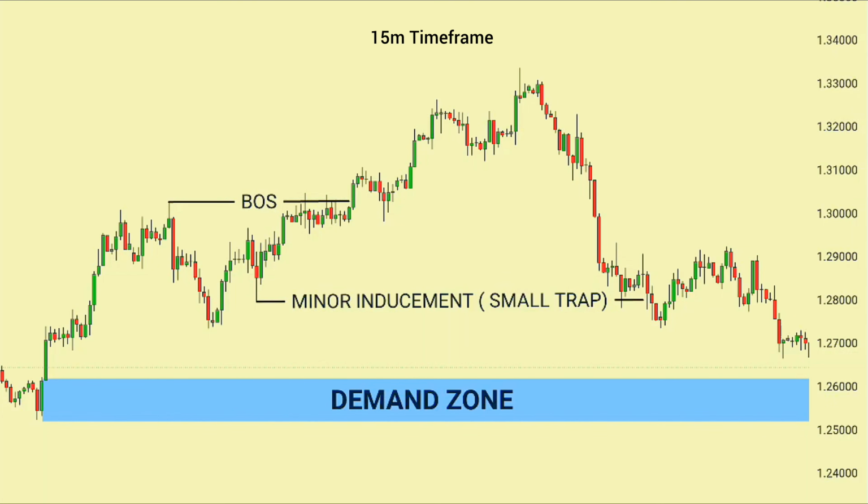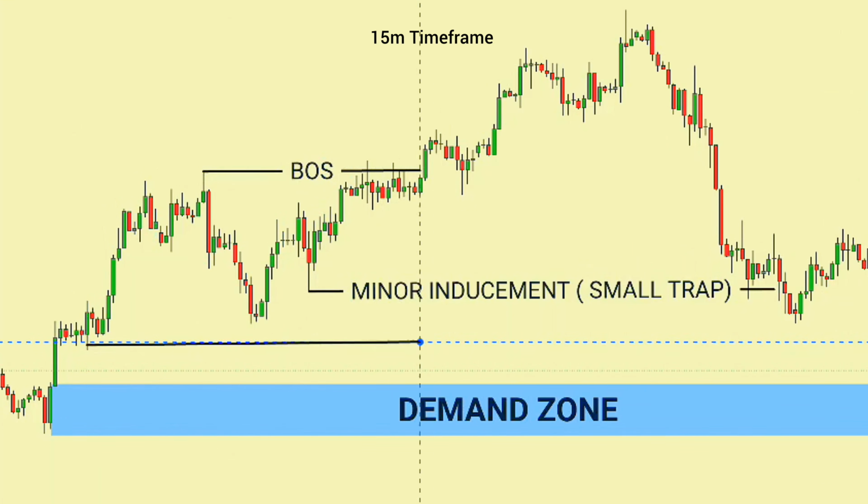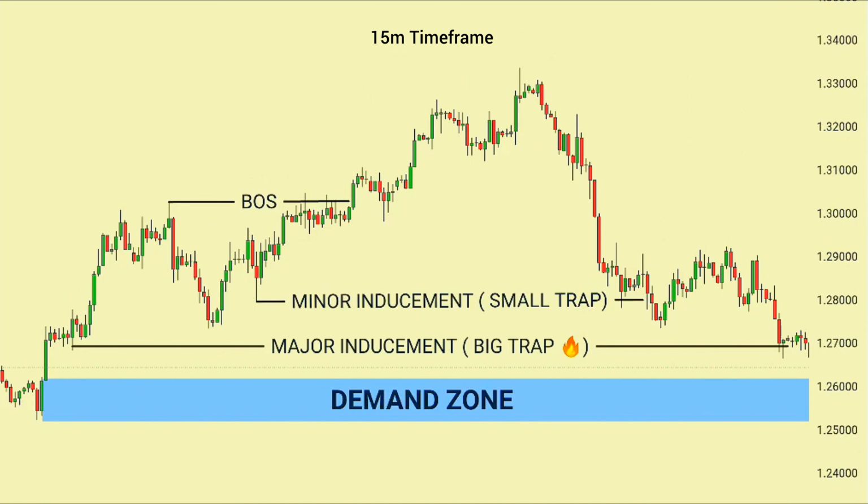Now this is where things start to look very convincing. Price forms a stronger structure here. This is major inducement. At this point, it finally feels like the move is real and confidence starts building. But remember what we are focusing on in this video: messy move versus clean move.